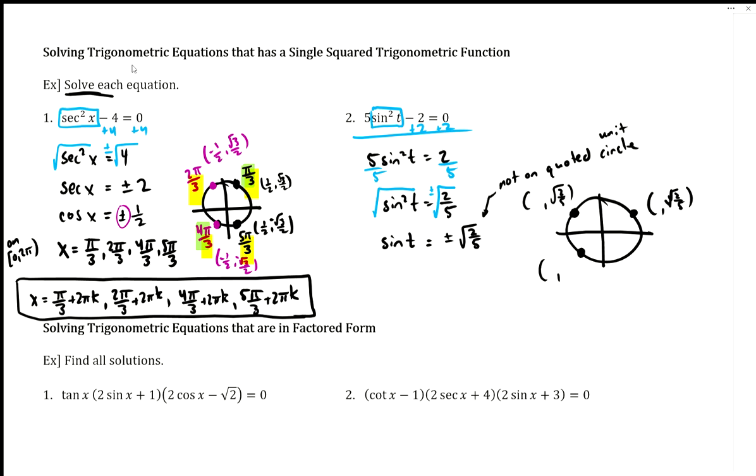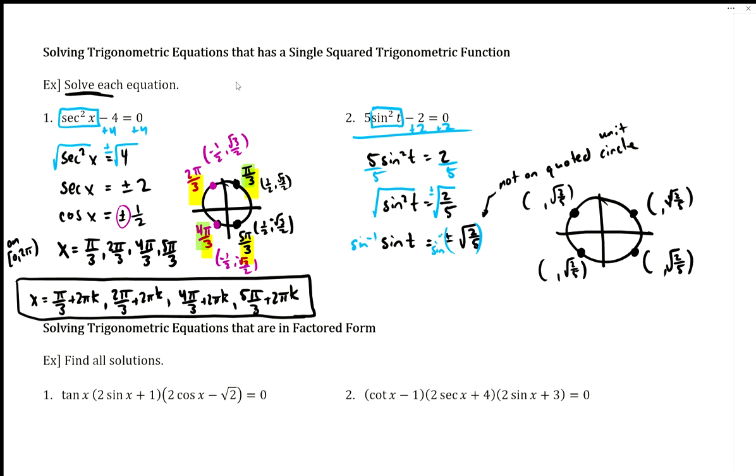So we've got these and these right there. And to get these answers is where we would need to introduce our inverse trig. So we would need to do our sine inverse of both sides.